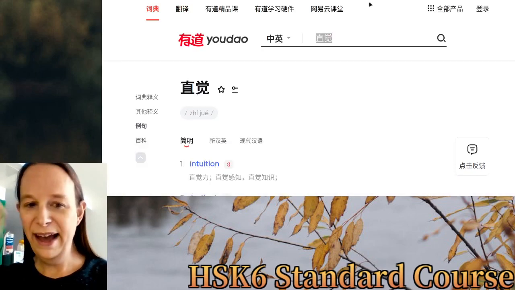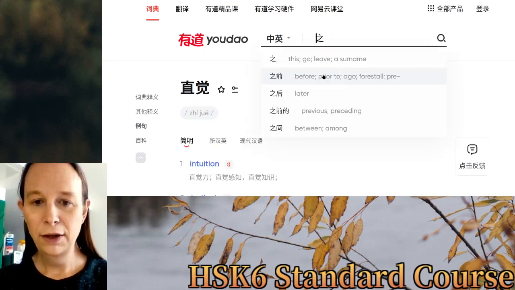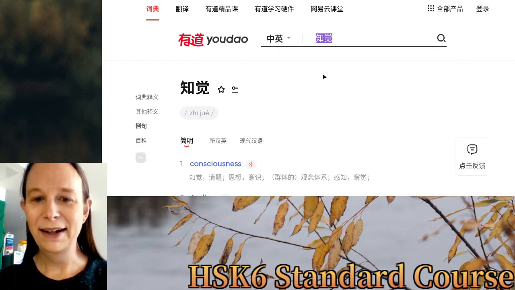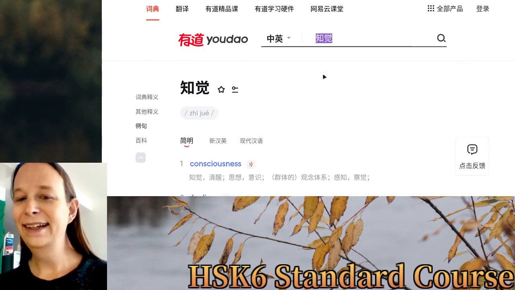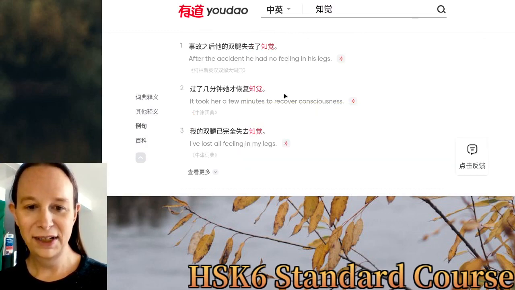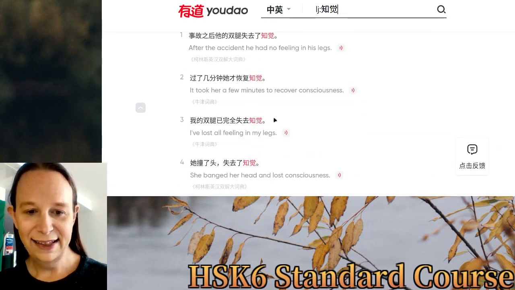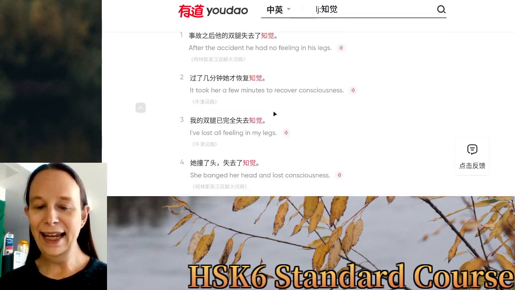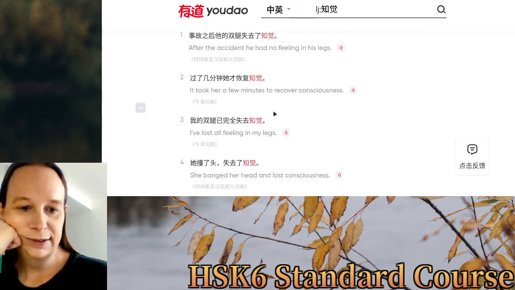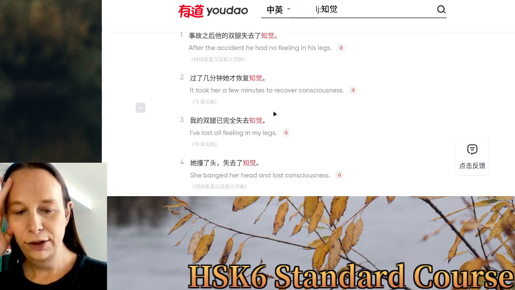Oh, there's another word that I typed. 知觉 is your intuition, your direct feeling, right? 知觉 is the one we're studying. 失去了知觉, 恢复知觉, recovered consciousness. 失去知觉, so this is lost feeling in my legs. 我的双腿已完全失去知觉.